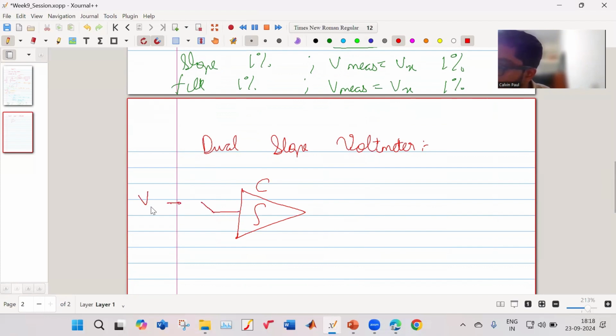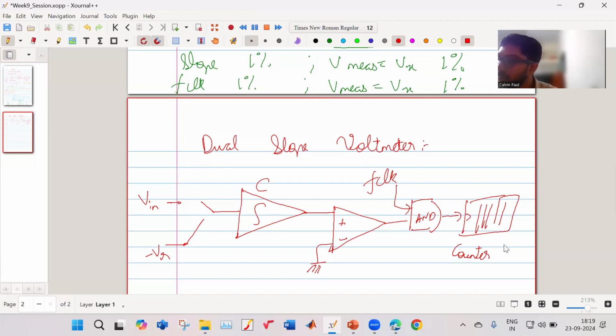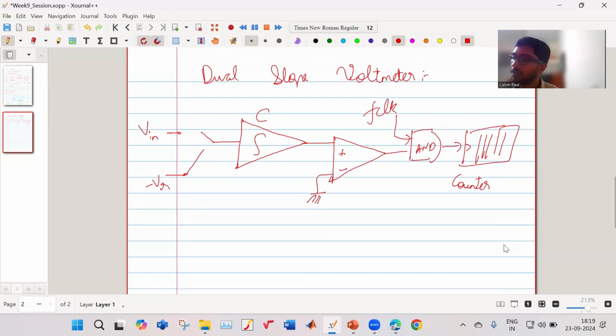It gets connected either to your input or to some minus VR, some reference voltage which we know. That goes to your integrator, which is compared with some zero value, and then goes to your AND gate. Again, we have an F clock, and this goes again to your counter. So now, how does this work?